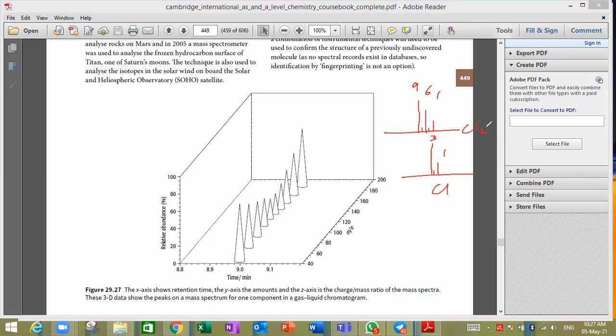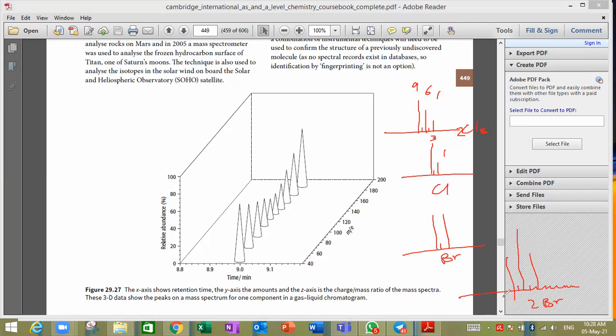If you are having a molecular ion peak, and after it by 2 units you get another peak that has the same height as the first one, this means you are having 1 bromine atom in your molecule. If you are having a molecular ion peak, and after 2 units you get one which is double the first, and after another 2 units you get a peak like the first, then you are having 2 bromine atoms.